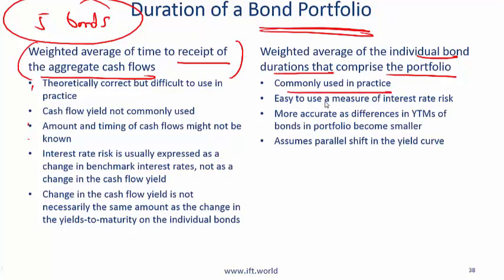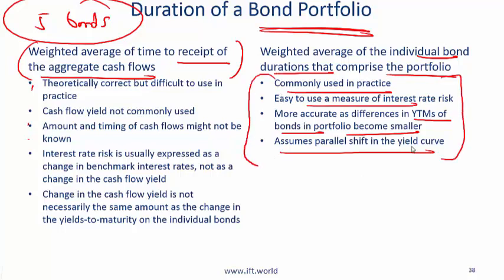This is commonly used in practice, easy to use as a measure of interest rate risk, more accurate as differences in YTMs of bonds in the portfolio become smaller, and assumes a parallel shift in the yield curve. So at this stage, I'll just say that you learn these bullet points.